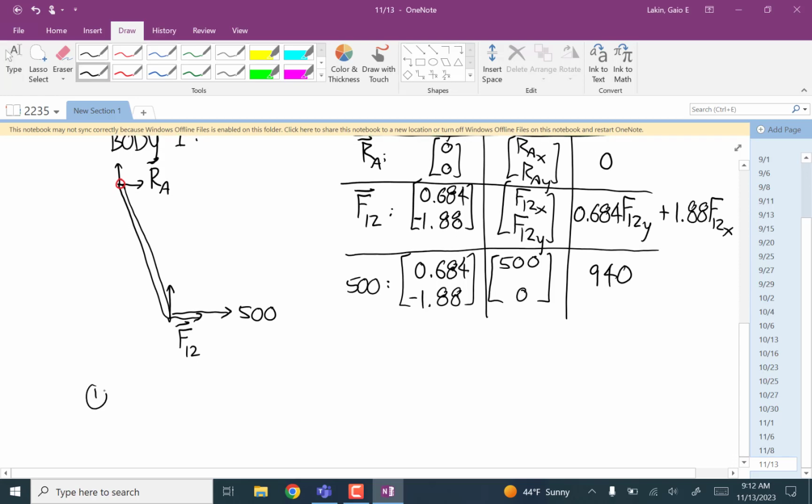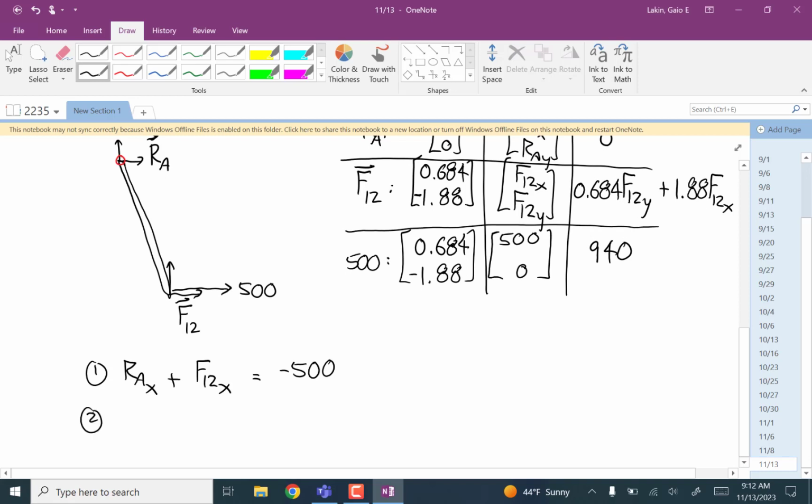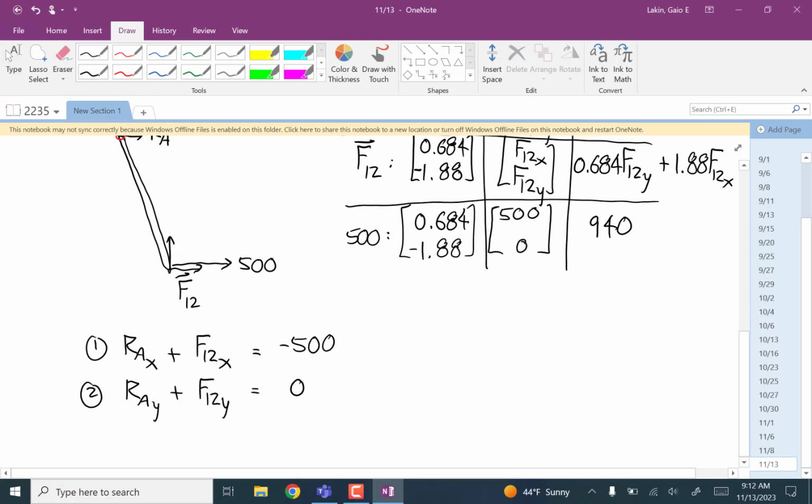And so we get three equations. The first one is RAX plus F12X is equal to negative 500. Second one is RAY plus F12Y is equal to 0.